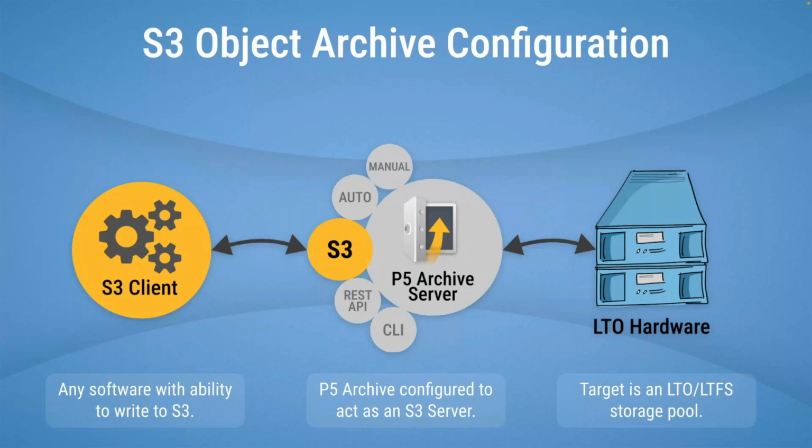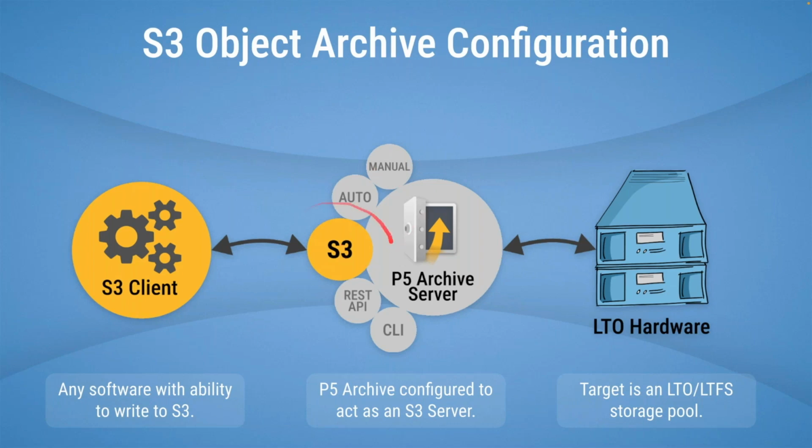So you can see from my captions at the bottom, any software with the ability to write to an S3 endpoint or bucket over here, and then the P5 archive is configured to act as an S3 server. In this graphic, I've included all the other ways that external products can talk to P5: we have a command line interface, we have a REST API, we have the ability to automatically archive folders from customer storage or manual selection of data.